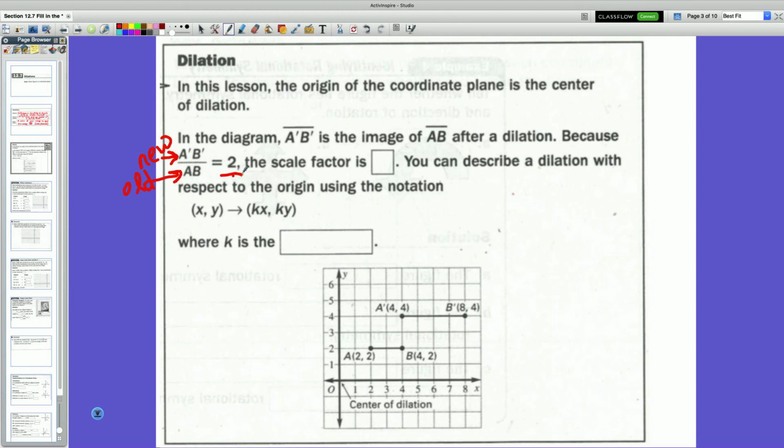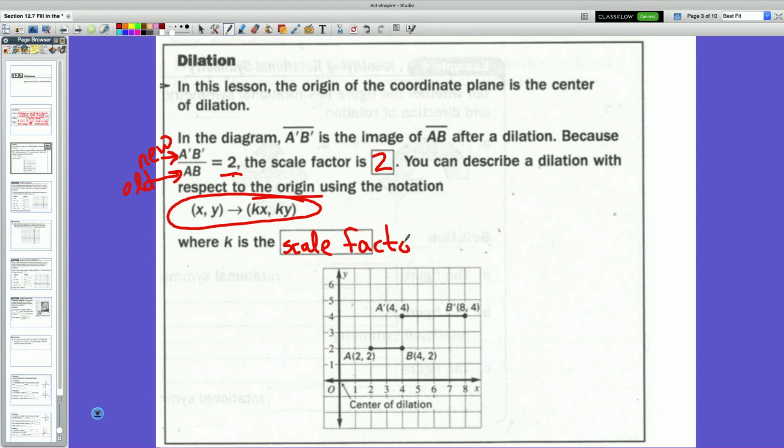That number, or it could be a fraction, is my scale factor. So in this case, my scale factor is 2. You can describe a dilation with respect to the origin, and again, that's always going to be our center for this chapter, using this notation right here. So circle that, star that. It's important. Where k is the scale factor.